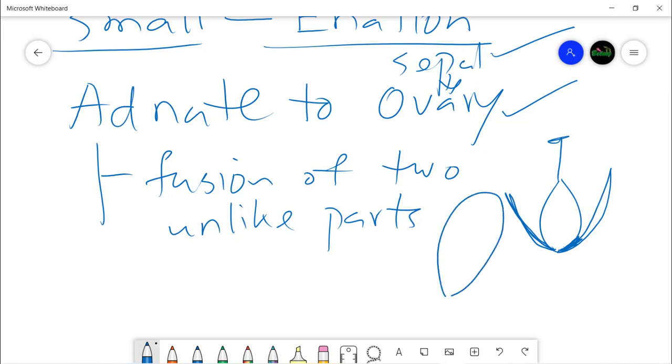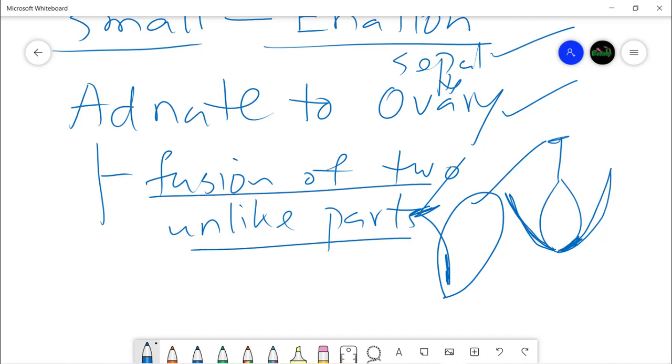So this is a petal, for example, and you will find stamen attached to it. So this is adnate because it is attached for some distance with the petals. Petal is something else and stamen is something else. They are two different, unlike parts. So fusion of two different parts is known as adnate. So sepals are adnate to, or attached to, ovary.